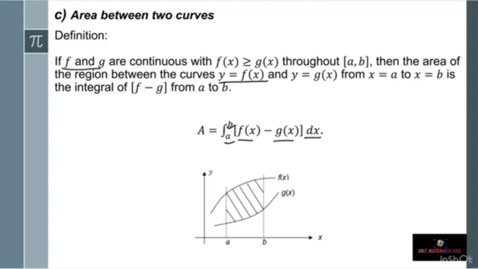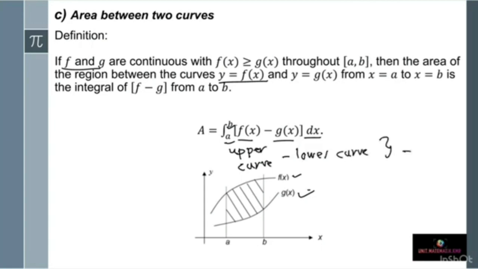So A equals the integral from a to b of f(x) minus g(x) with respect to dx. From the figure here, we see that f(x) is higher than g(x), which means this formula is valid: you have to use upper curve minus lower curve.